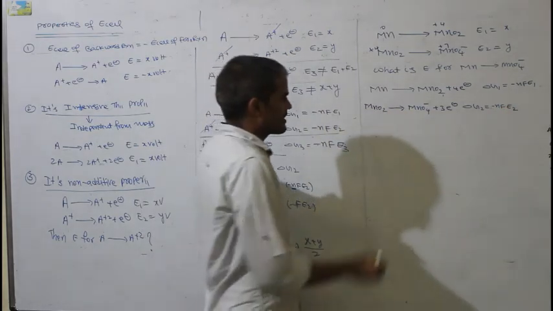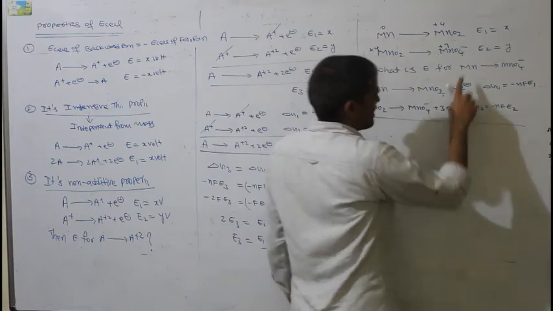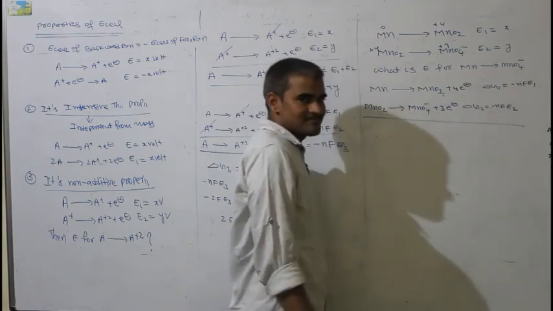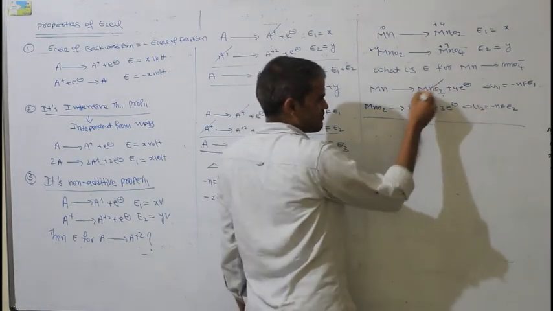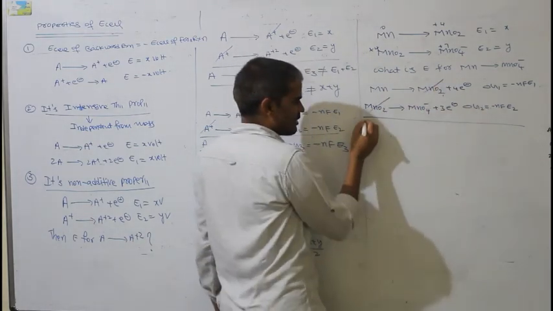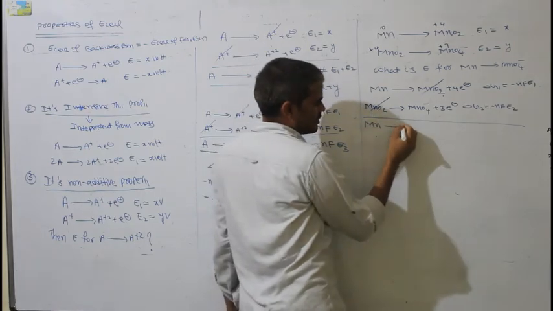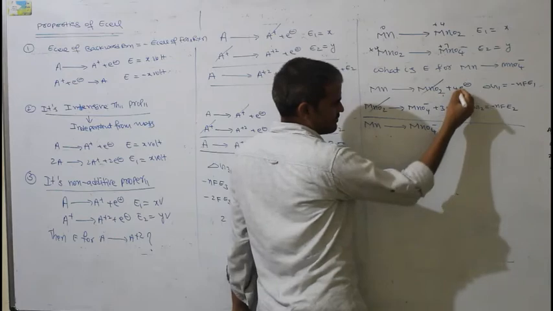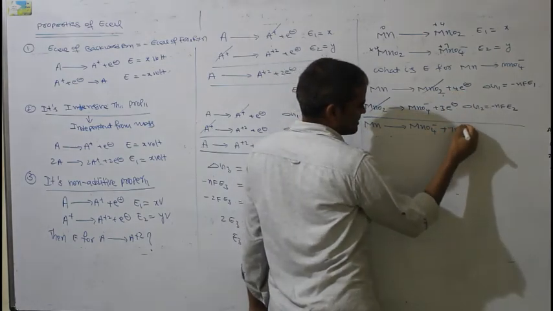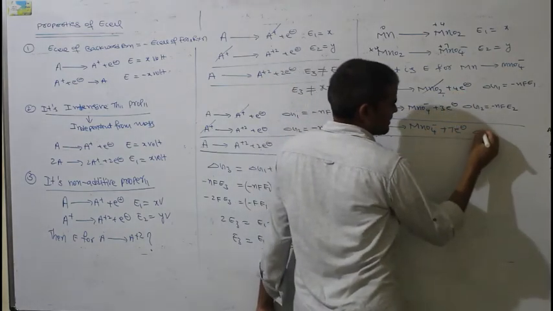Now what is our required equation? Mn directly to MnO4 minus, which means you have to add both equations. The similar factor, MnO2, cancels. Then what remains is Mn going to MnO4 minus, with 4 plus 3, that is 7 electrons participating, which is called ΔG3.